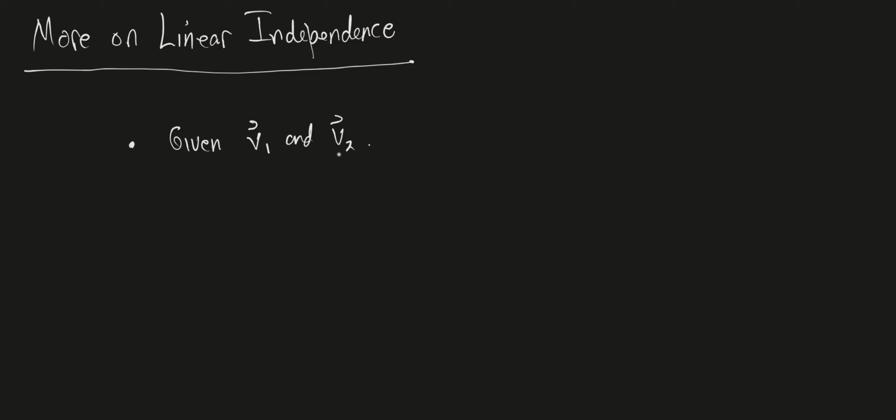If I were just to give you two vectors, what could we look for? Is there some kind of clue, something easy that we could check, to see if they are linearly independent or linearly dependent? Well, suppose they are linearly dependent.